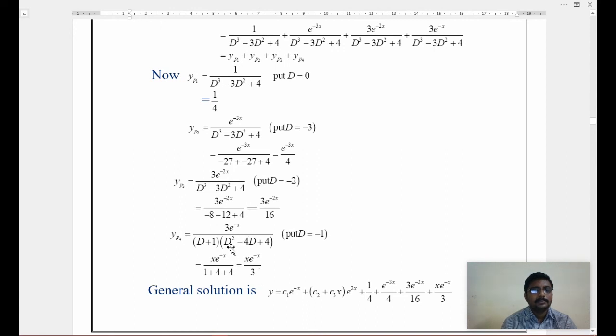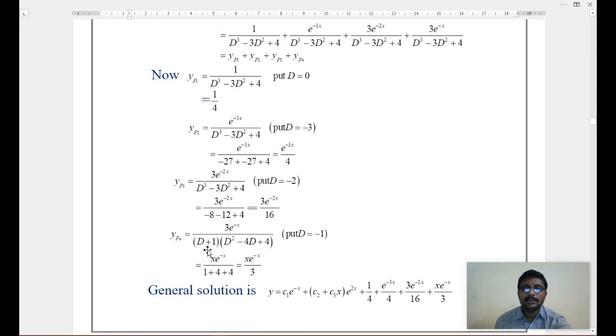So here we put D equal to minus 1: minus 1 whole square, 1 minus 4 into minus 1 is plus 4, plus 4. In this expression we replace D equal to minus 1, but here we do not replace D equal to minus 1, because while putting D equal to minus 1, the denominator value is 0. Any number by 0 is undefined, so we have to differentiate it.